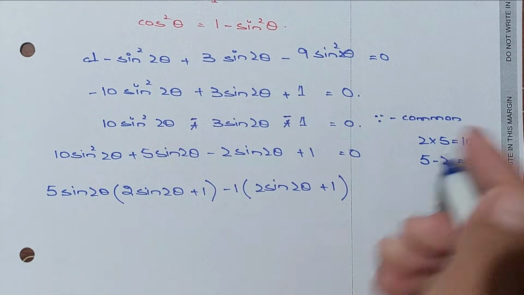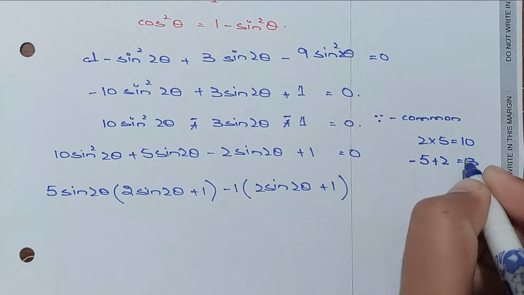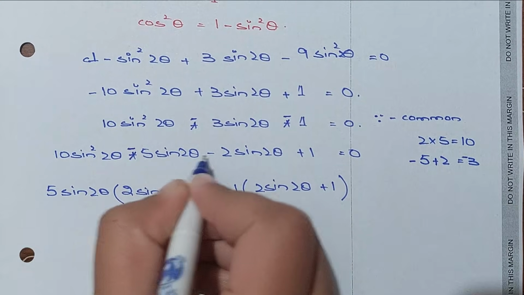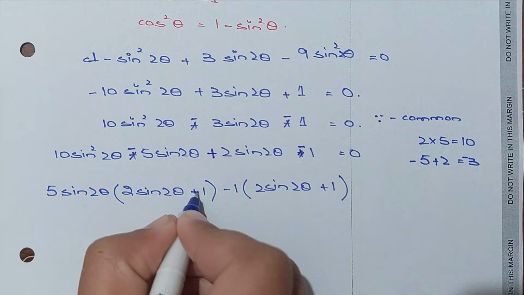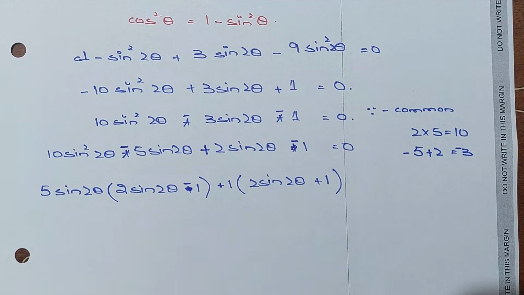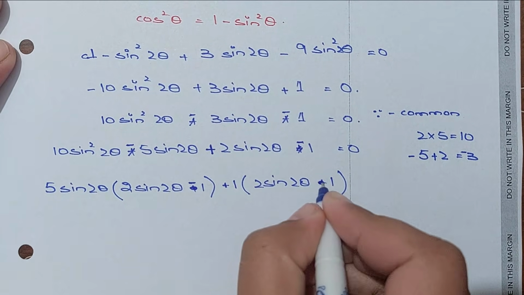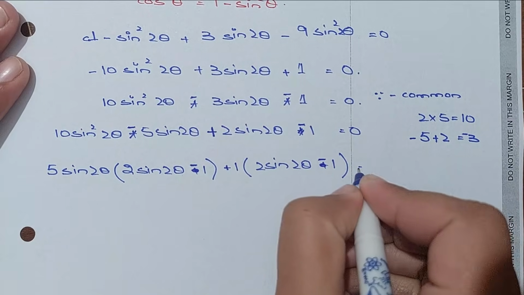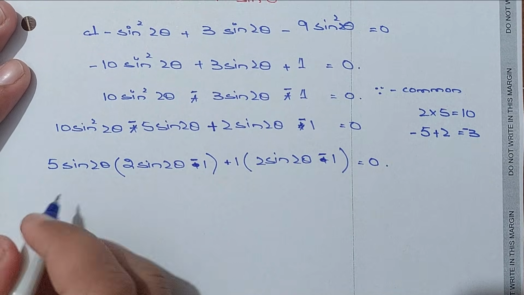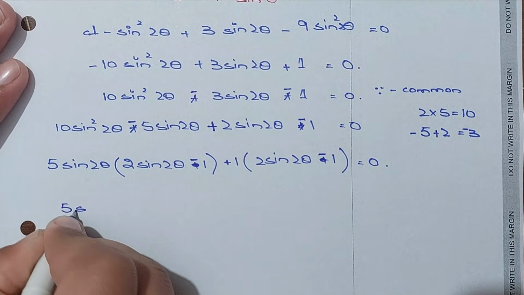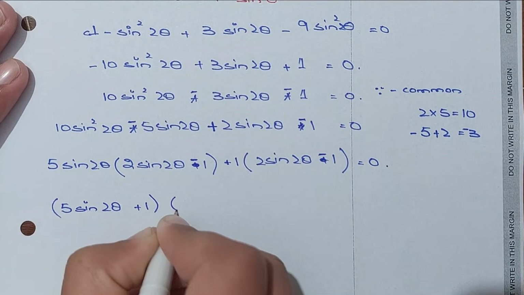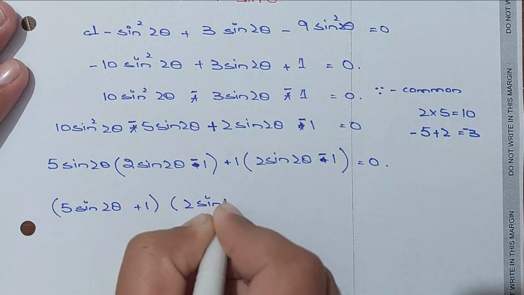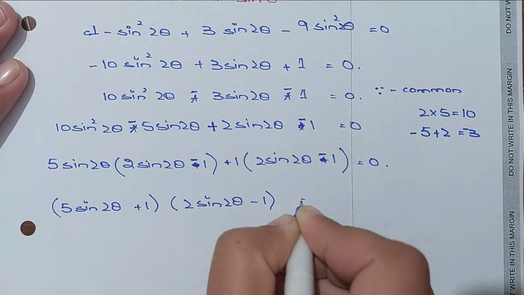So minus 3, how can we make it? Minus 5 and plus 2 becomes minus 3. And this sign is also negative. Yes, now the factors are the same. I was also thinking I did some mistake. So 5 sine 2 theta plus 1 is a factor, and 2 sine 2 theta minus 1 is a factor.